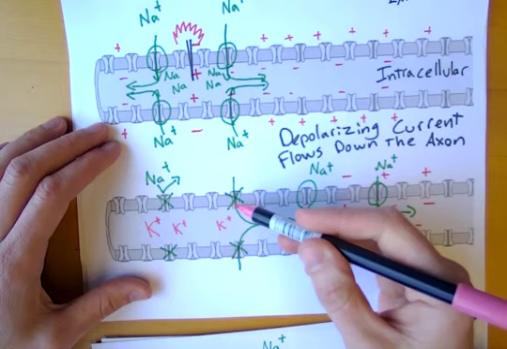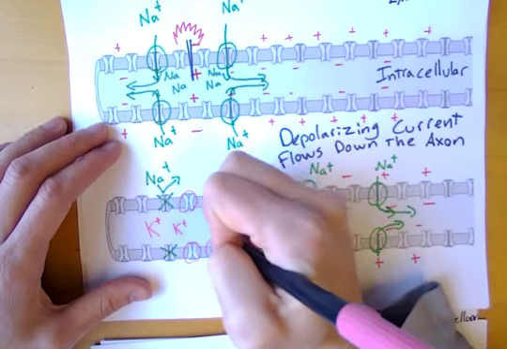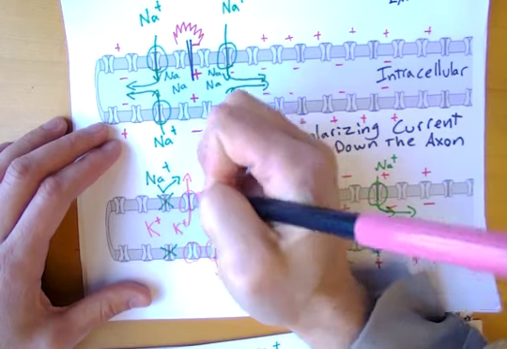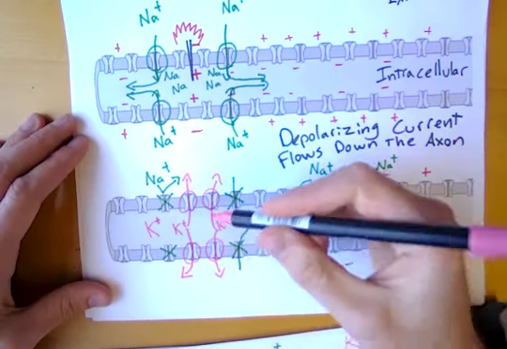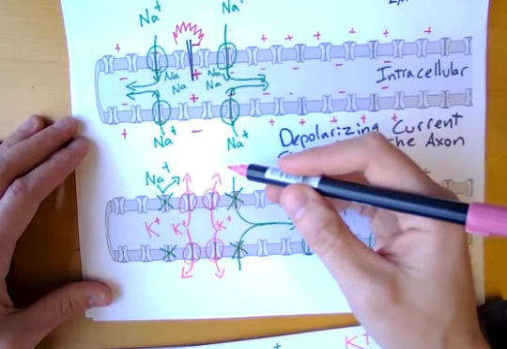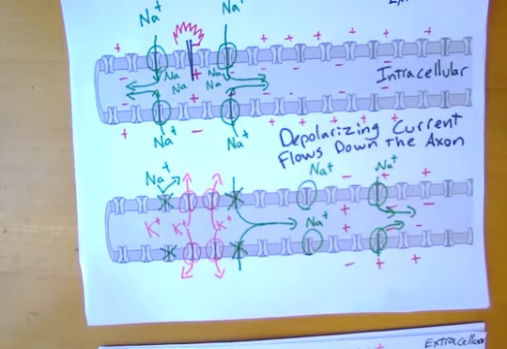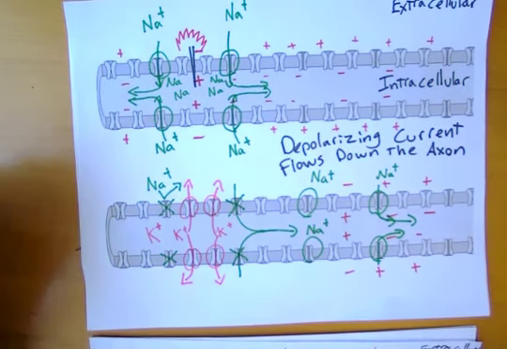And so what happens when these close, potassium channels, they open. And because potassium is more concentrated on the inside and less on the outside, it's going to move down its concentration gradient and leave the axon, taking positive charge with it. So as it leaves, we should expect that action potential to repolarize down through the falling phase of the action potential, which is exactly what we see.